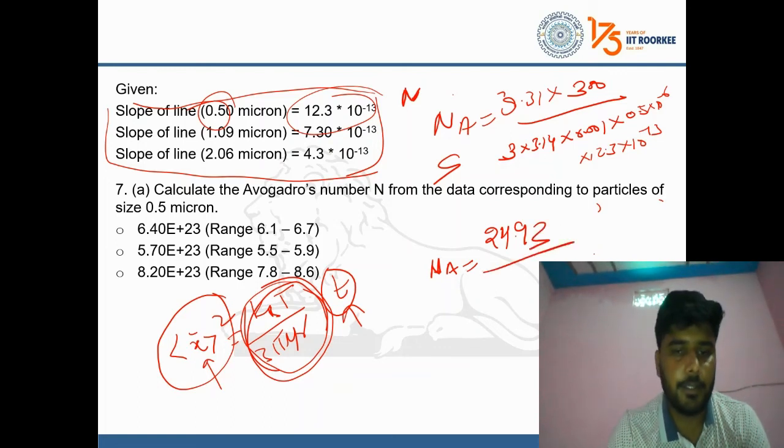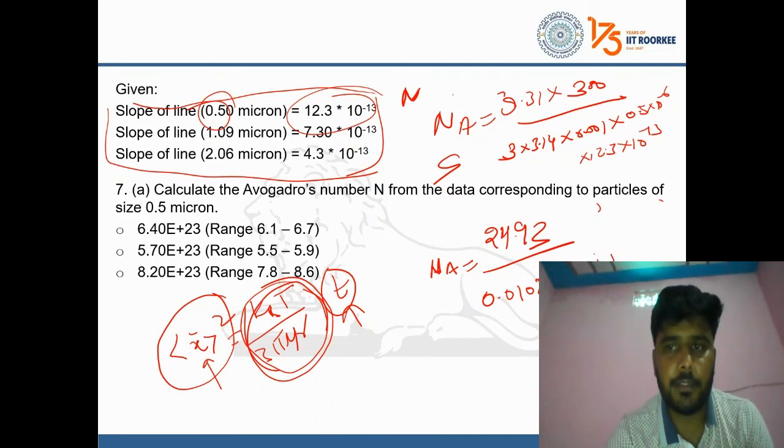The denominator part will be 3.14 times 0.001 times 0.5 times 2.3, that is 0.0108333 times 10 raised to minus 19.